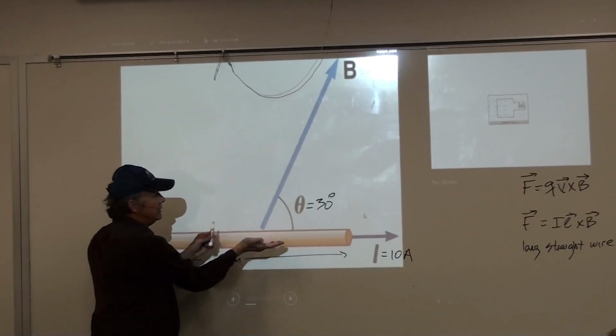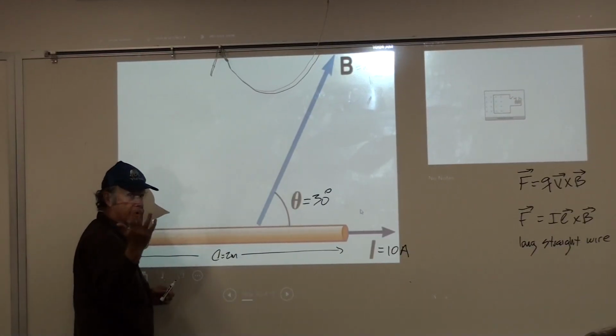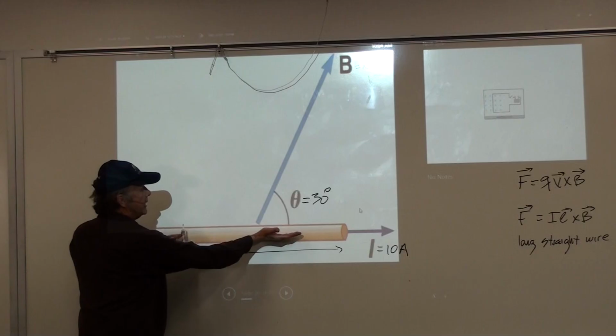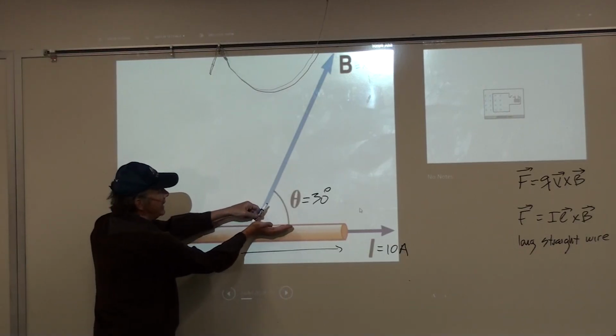Do you understand what it is that I'm doing there? I'm taking my right arm, pointing it in the direction of the current, and then I'm making the tails of the IL vector and the B vector come together at the base of my hand.